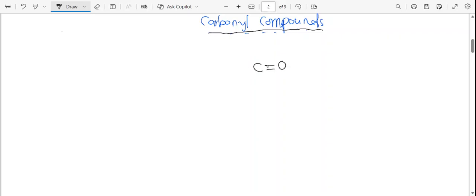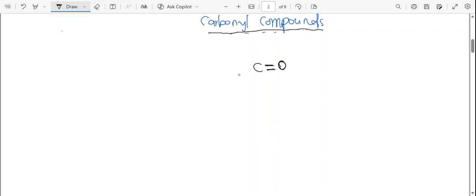Wherever you see carbon bonded to oxygen, we classify it as carbonyl. They will change names according to what is attached to them, a functional group.